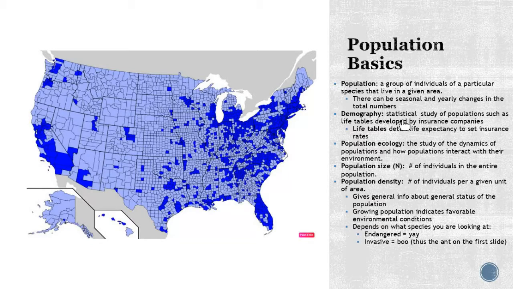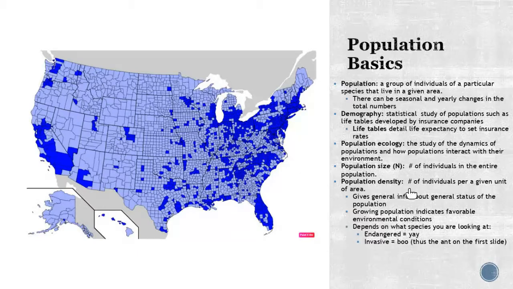You just never know. Now, one area of population ecology is to study the dynamics and how they interact with the environment. So this is quite interesting to see how that will change how things are going long term in certain areas. Now, there are certain things that you'll see. We'll have what we call the population size. It'll be shown as N. This is just the number of individuals in an entire population.